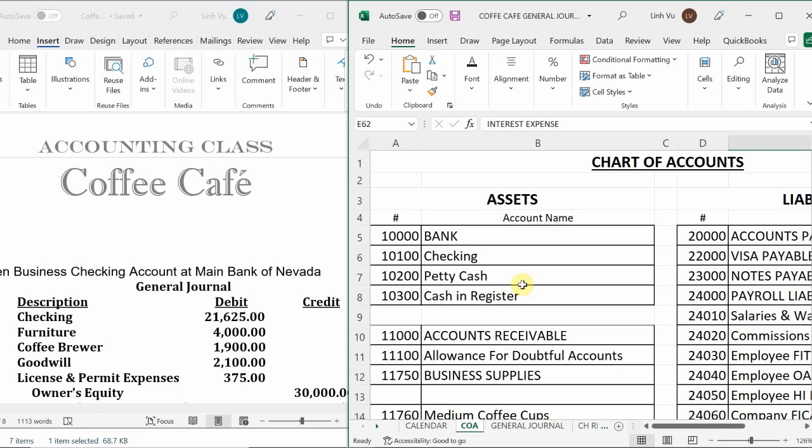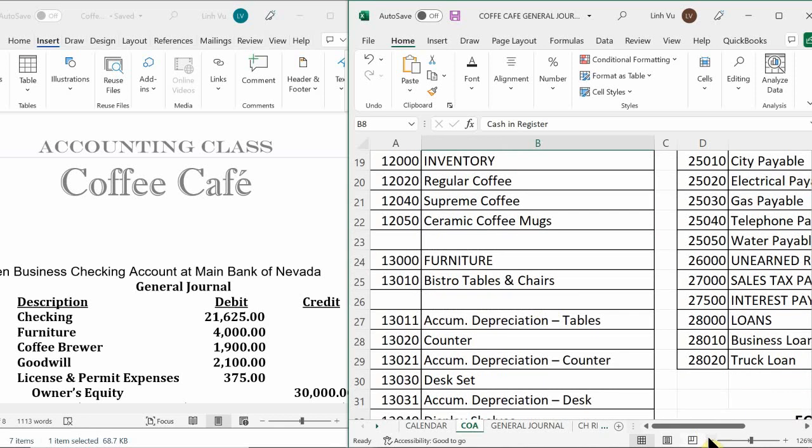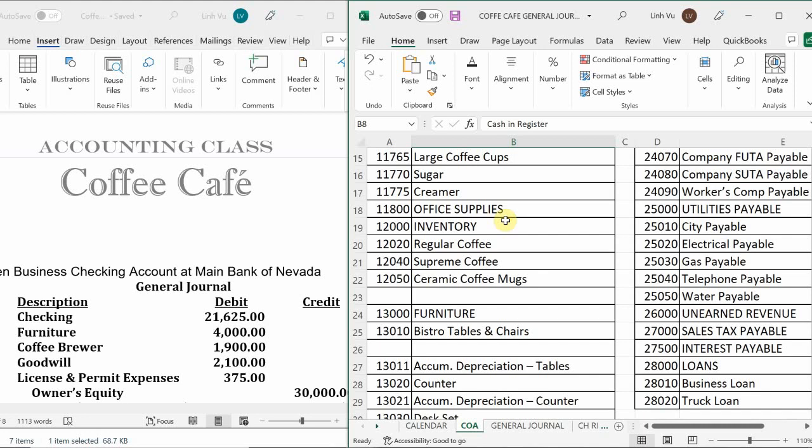Now in this case, right, let's take a look. What account number is my checking account? Do I have it listed in my chart of accounts? Yes, it's 10100. Good, right? Do I have a furniture account? Yes. Yes, you do. 13,000.